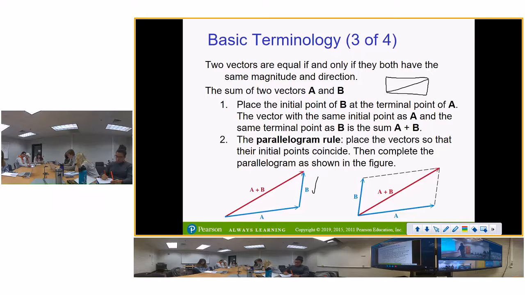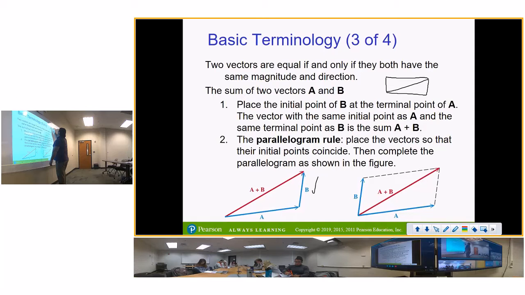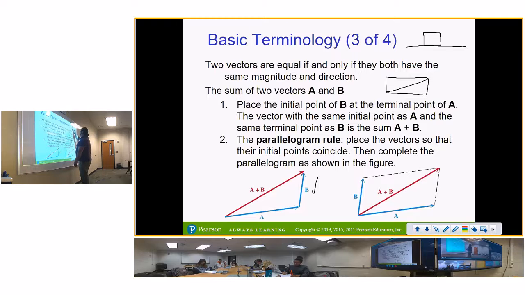So what does that mean? If I have a block of wood here, okay, and I have a, I don't know what you call it, a ramp, okay? It's not a ramp because it's not going up or down. And I have 10 pounds going this direction. And I have 30 pounds going this direction.